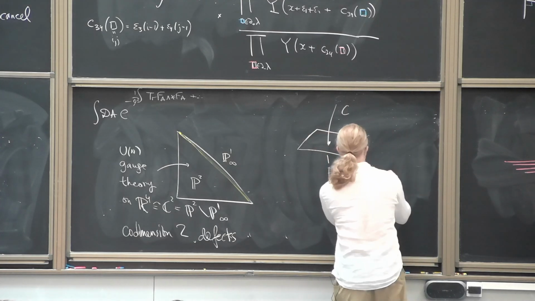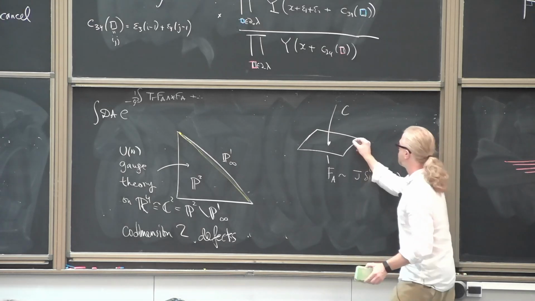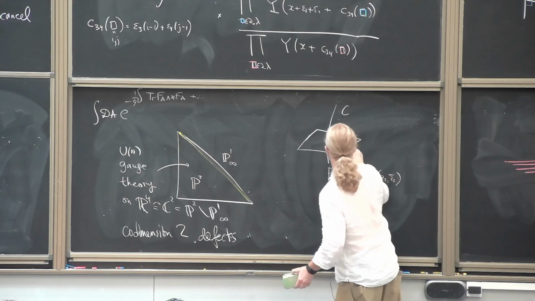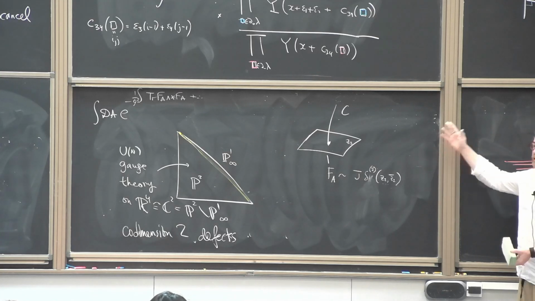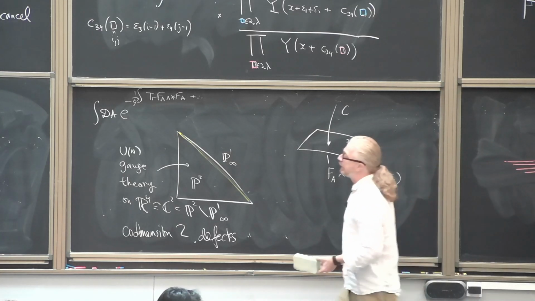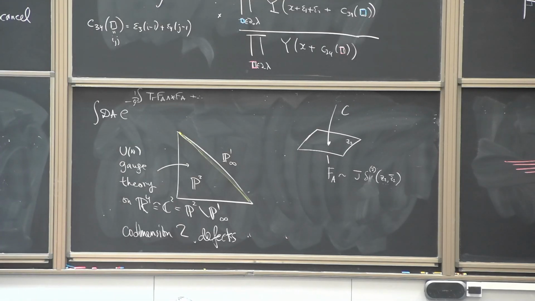So this is the delta function of z2 bar. So this is the z2 plane. It doesn't have to be z2, it's just that, again, traditionally we place the surface defect along the z1 plane.